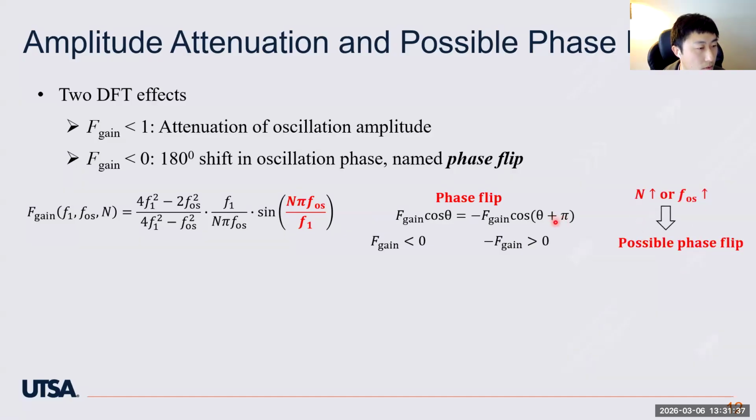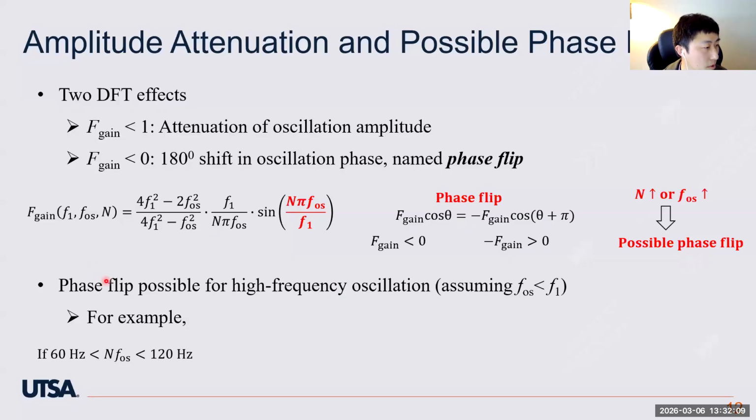So how would this happen? How do we make the input to the sine function become pi or go over pi? Usually if we increase n, the whole value will more easily approach pi. Or if we increase the oscillation frequency, this term will approach pi as well. That will cause the possible phase flip.